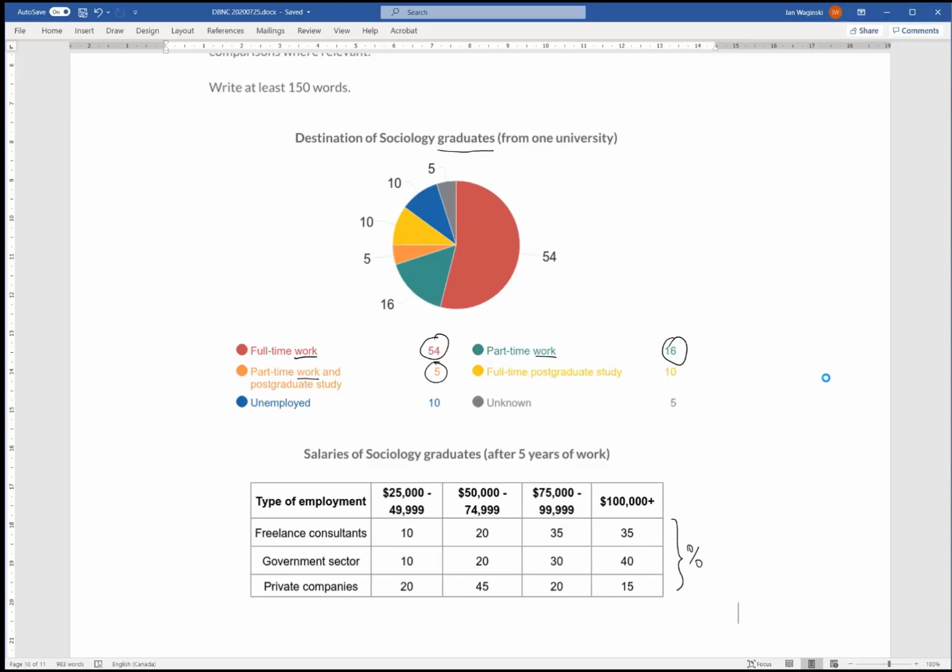Yes. Right. And higher for the higher categories. And then what was true of private companies? Higher for the lower salaries. Between 25 and 75 in two groups. Yep.